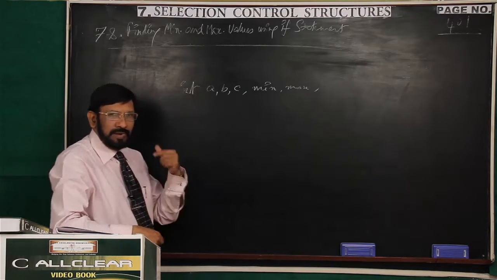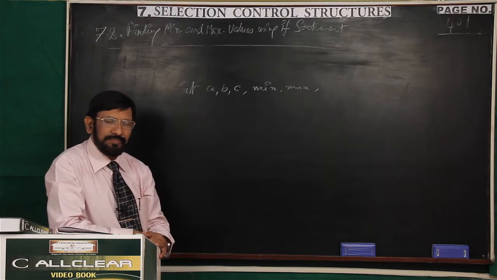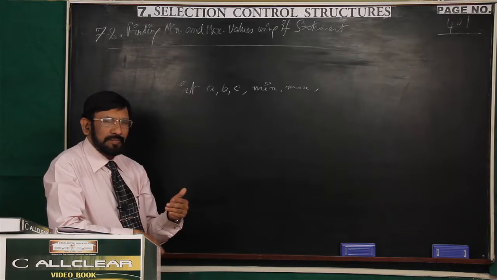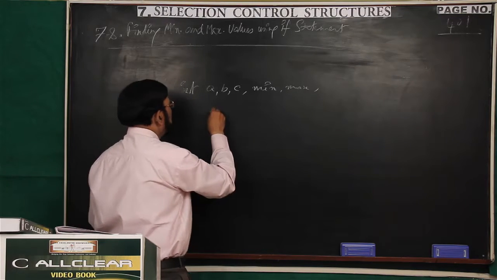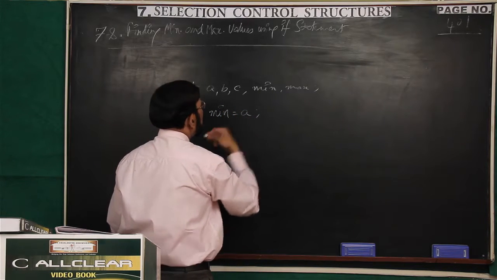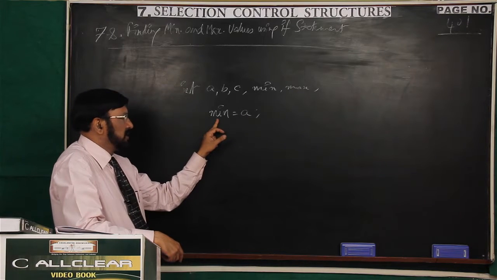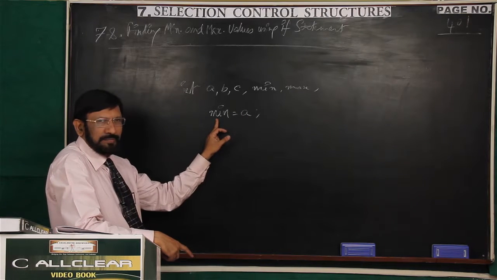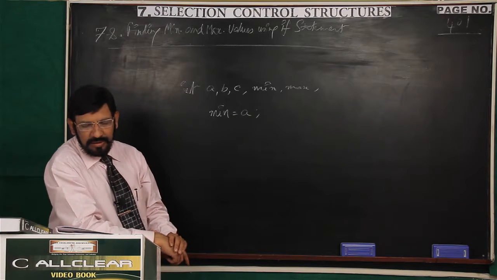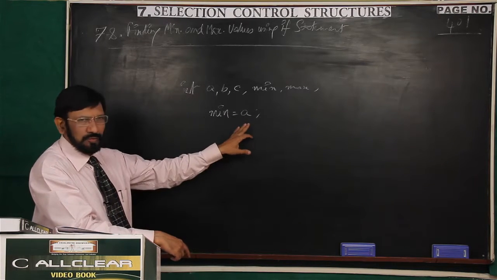Now, if every time interactively you are entering values A, B, C, any value can be min. So, let us assume, start with min equals A. What do you mean? We are assuming that A is min. For this, you have to write this statement. Then, now we are assuming A is min.